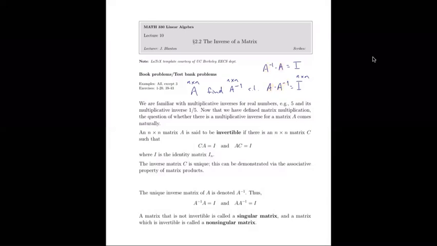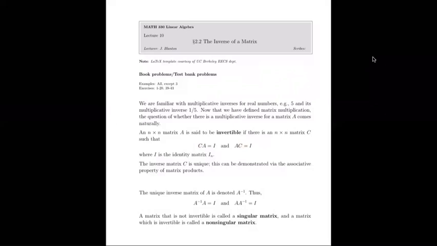And that's exactly what we see below in the notes. We have A times C. We're not calling it A inverse immediately, right? C times A and A times C is equal to the identity matrix in that space, or I sub n, because we're dealing with N by N matrices. So A is invertible if there exists an N by N matrix C that satisfies both of these equations.